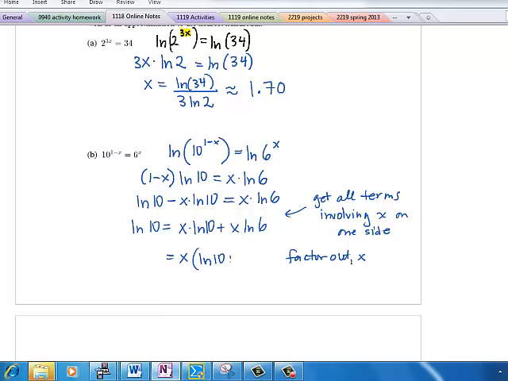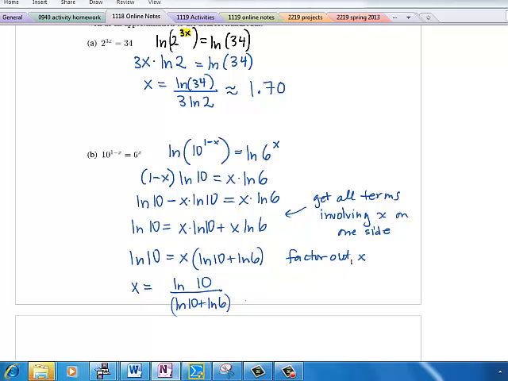Natural log of 10 plus the natural log of 6 there. And then I'll divide by the natural log of 10 plus the natural log of 6. I'm just going to rewrite it on opposite sides, but it's certainly equivalent.